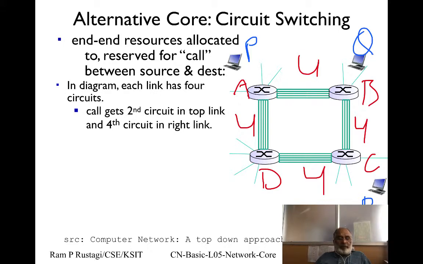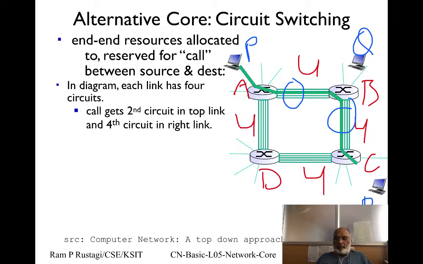It sets up a link. When it sets up a link, it needs to reserve the circuit, doesn't matter whether you use it or not. So let's assume P reserves the second circuit from this link and the fourth circuit from this link. So if P makes a call, the second circuit gets reserved between router A and B, and then between B and C it reserves the fourth link.